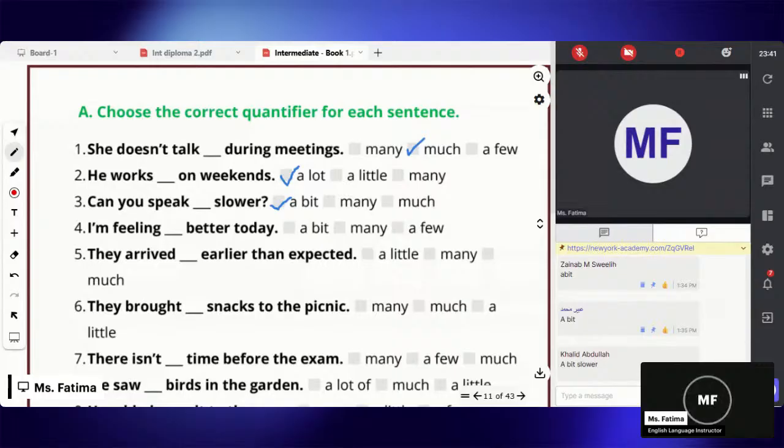Okay. Number 4. I'm feeling a bit better today. I'm feeling better. What do you think?